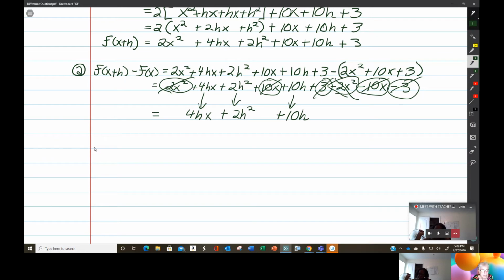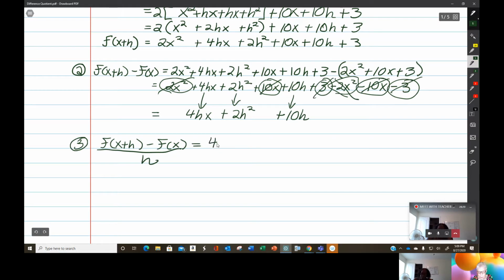Okay, one more step, finally. The difference quotient is f of x plus h minus f of x over h. Well, we already know what f of x plus h minus f of x is. It's that. But we're going to divide each term by h.